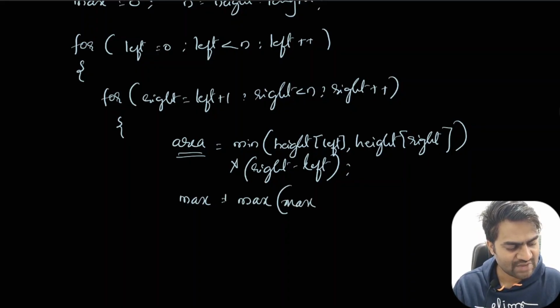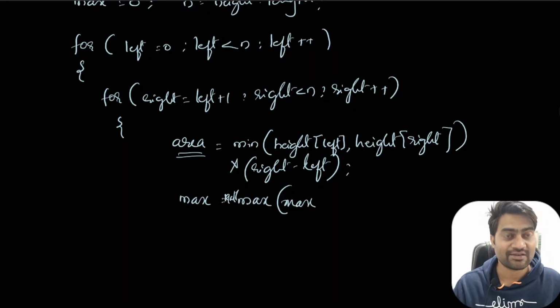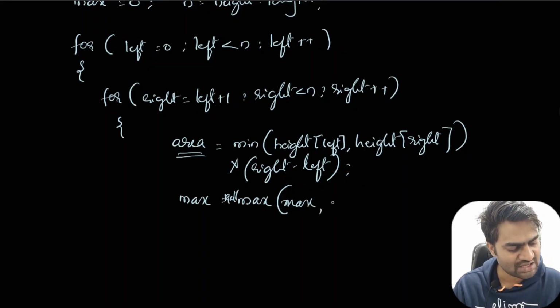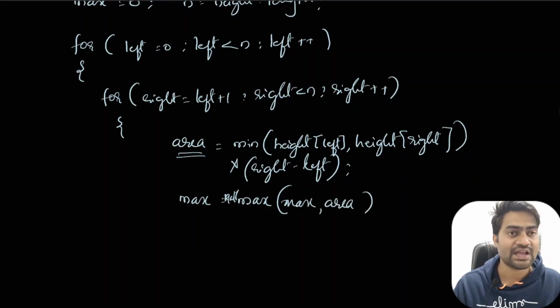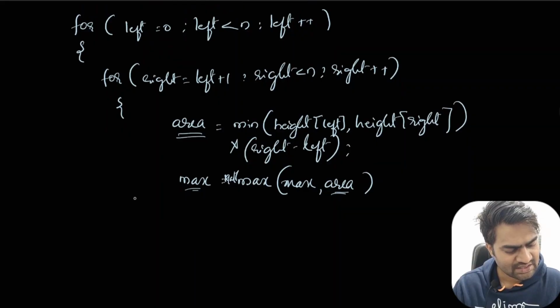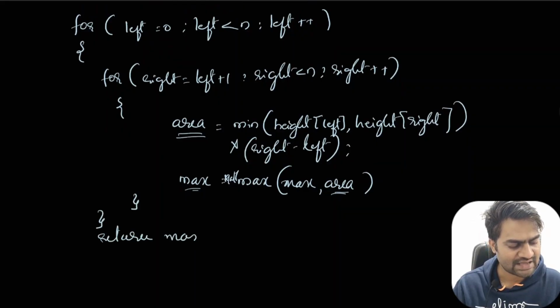Basically, we will use Math.max here, so let's not have confusion. Math.max of max comma whatever the current area we have calculated. If this is greater, then I will simply update this max. Okay, with this, at the end, I will simply return max.